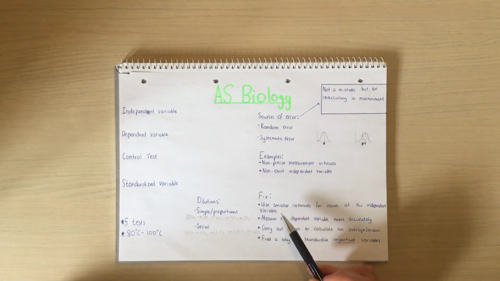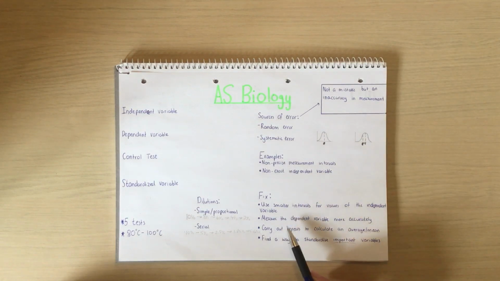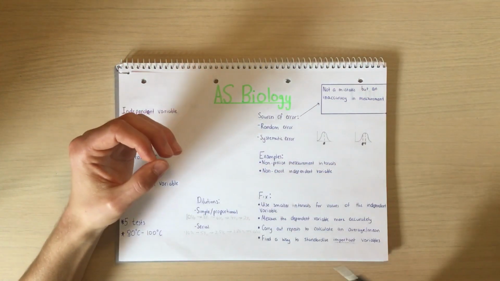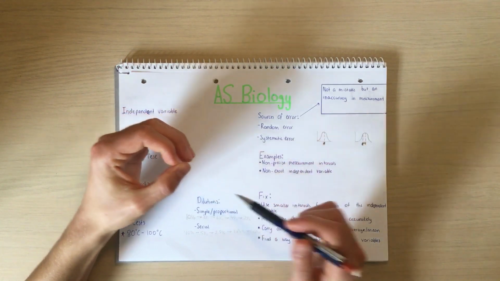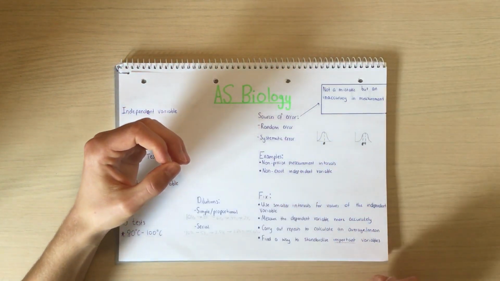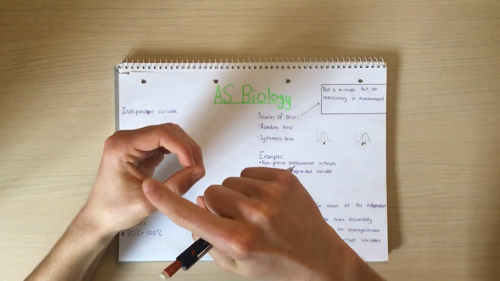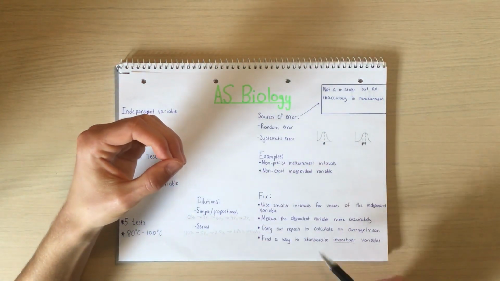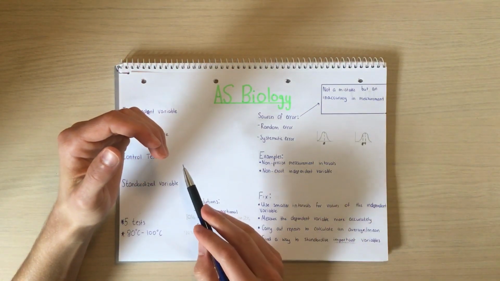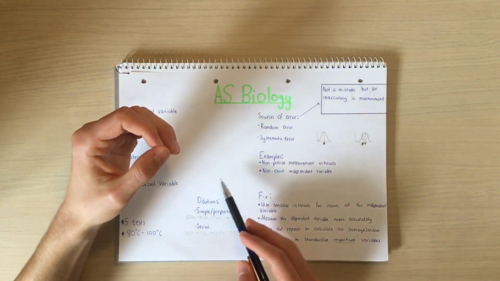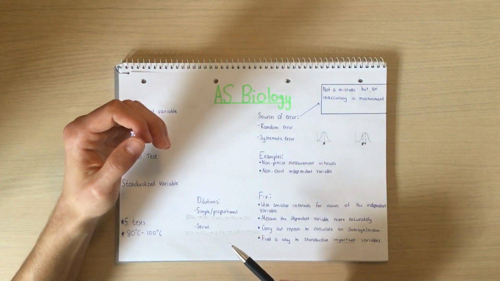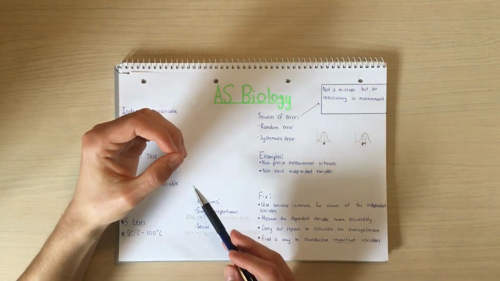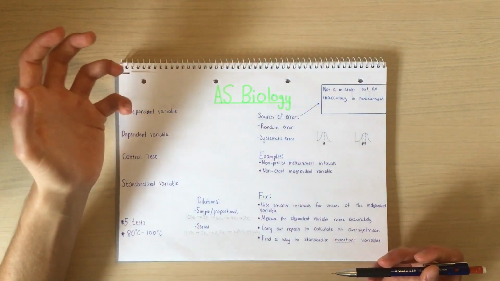A second way that we can fix a source of error is to measure the dependent variable more accurately. So if, for example, we have a test tube with a solution and a syringe with another solution, and we're pushing liquid from the syringe into the test tube, and counting the number of drops it takes to make the solution change color, that might be unreliable because each drop might not be the same size.